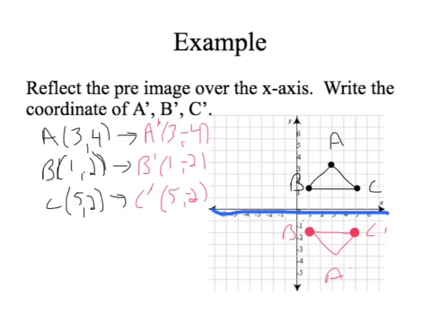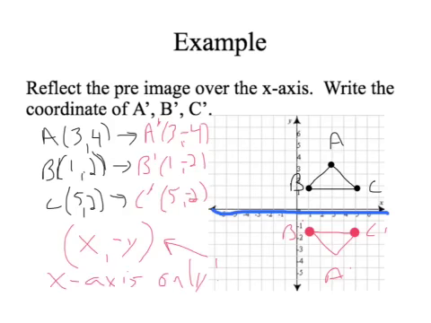So when you reflect over the x-axis, your x-coordinate does not change. But my y-coordinate went from 4 to negative 4. So you want to take the opposite sign of whatever your pre-image is. To write that in general form, it is just negative y. That tells you to do the opposite of whatever y is. That works for the x-axis only.